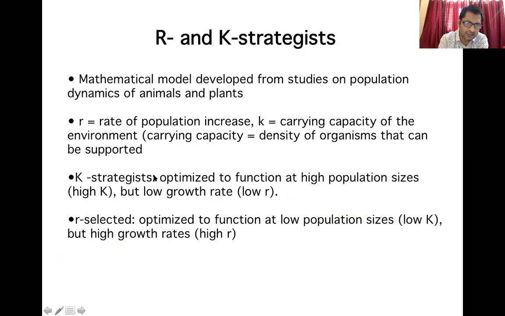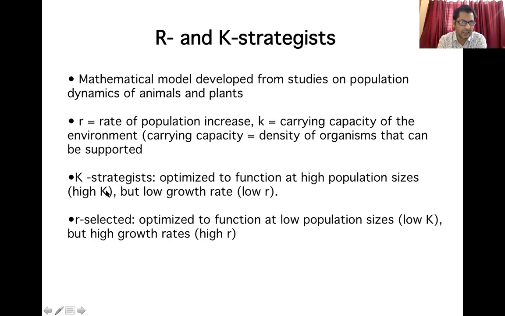So K strategists, or K communities, are those which are optimized to function at high population sizes but low growth rate. Optimized to function at high population sizes but low growth rate.